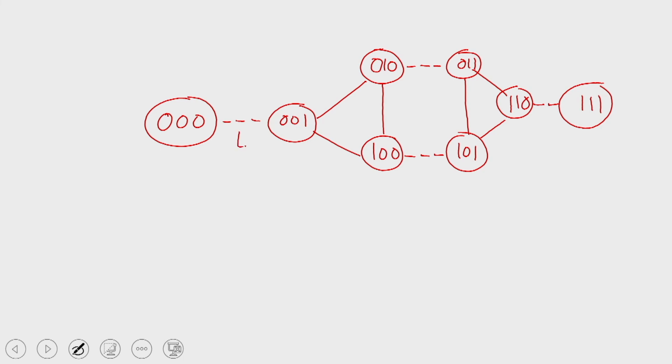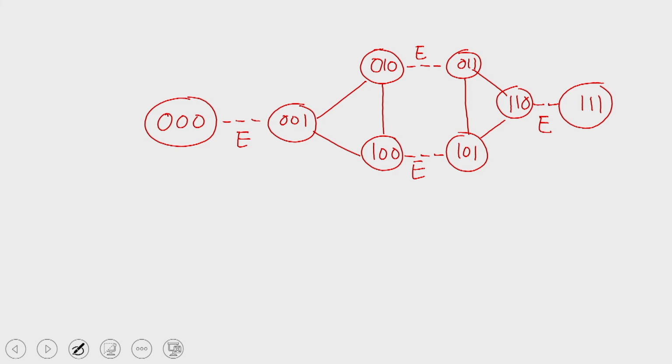So, this is an exchange edge between 000 and 001, and this is also an exchange edge between 110 and 111. This is an exchange edge between 010 and 011. 100 and 101 are also connected using an exchange edge. So, you can see that in all the exchange edges, the two end nodes differ by exactly the least significant bit.